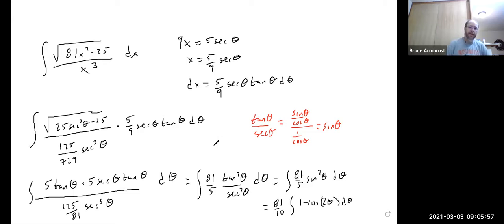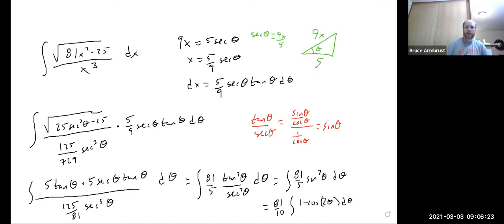So I think I'm going to leave it at this point. But when it comes back to it, when we have to substitute in, the other thing I'm going to show you real quick is just what the triangle looks like. If you were to solve this for secant of theta, it is 9x over 5, which means cosine is 5 over 9x.